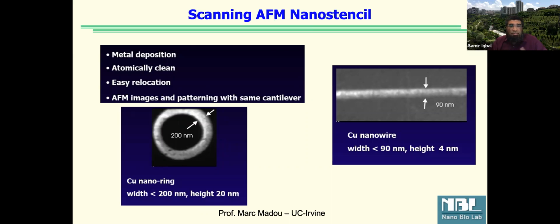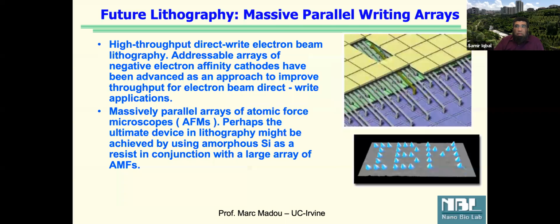So here's an example of a copper nano ring where they made a ring which is just 200 nanometer width of the line. There is an example of a copper nanowire with just 4 nanometer height. So this is again made with scanning probe lithography.